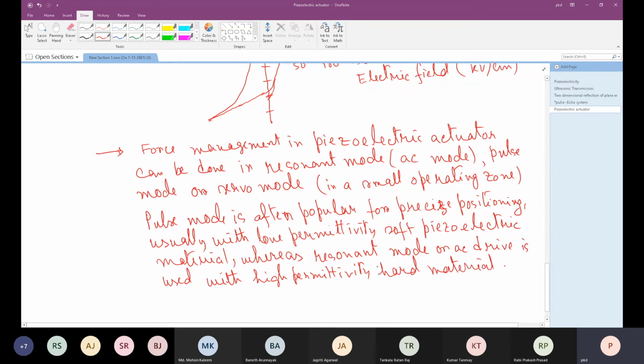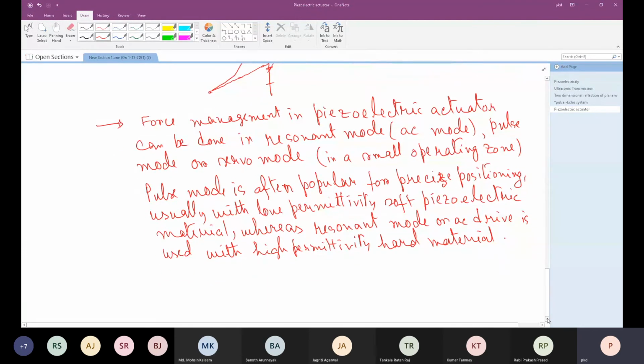So for example, quartz can be used for resonant mode, whereas for pulse mode PZT can be used. So there are many types of actuators, and usually they need to be constructed in a very precise manner for various applications.